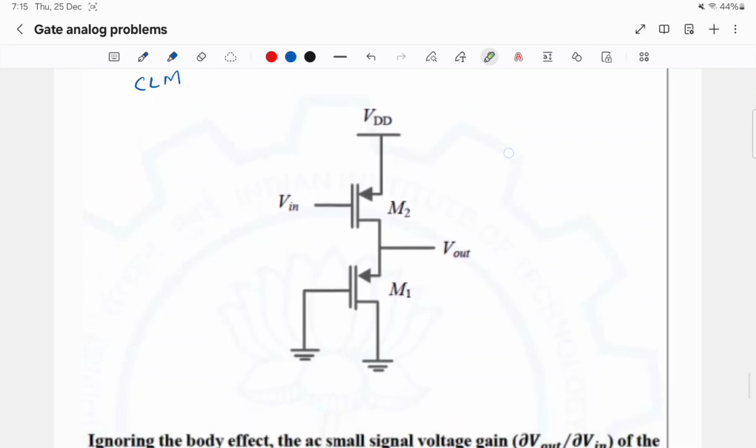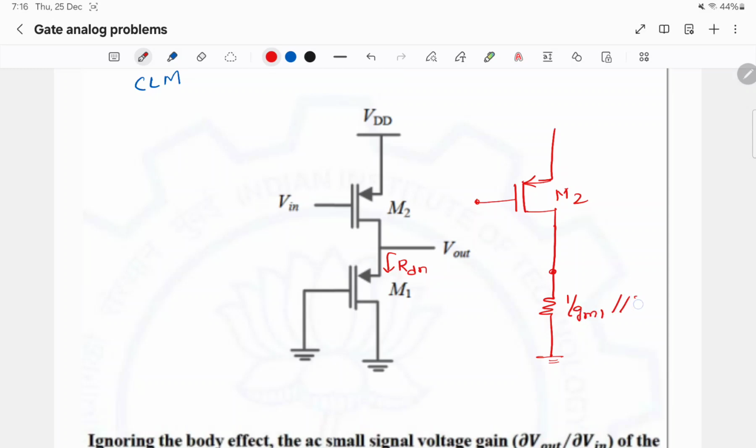So when we come to this question, this is like connecting gate and drain together. So I can simply write this as M2, and I can write the looking down resistance as 1 by Gm1 in parallel with RO1.